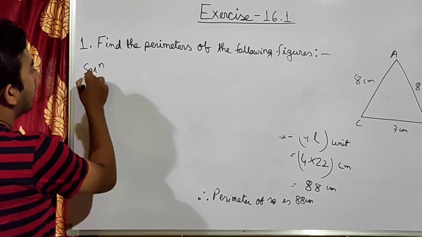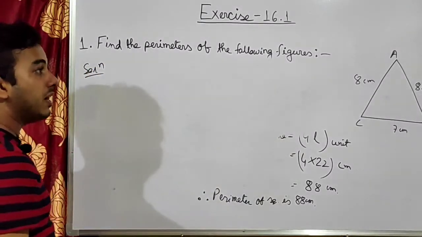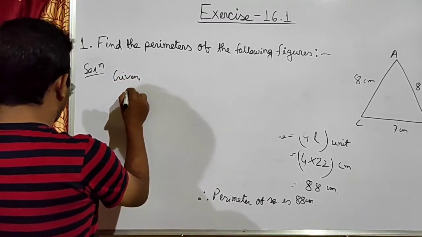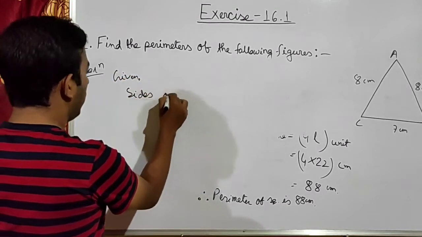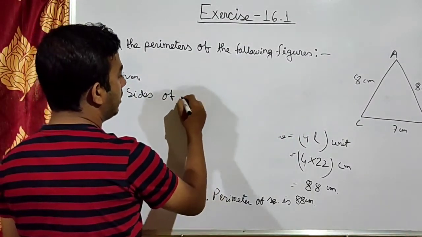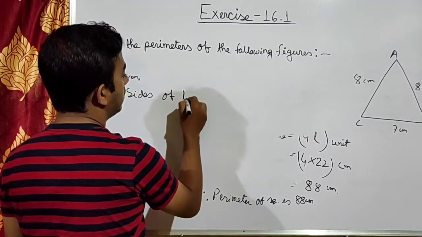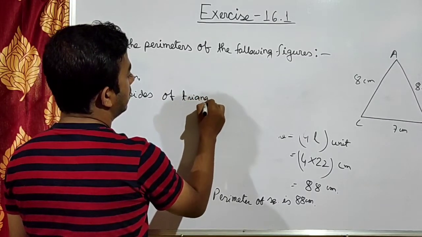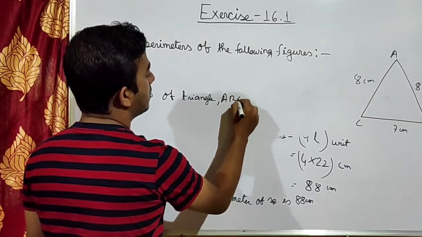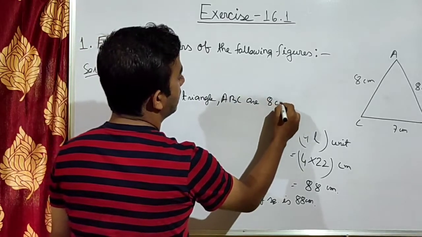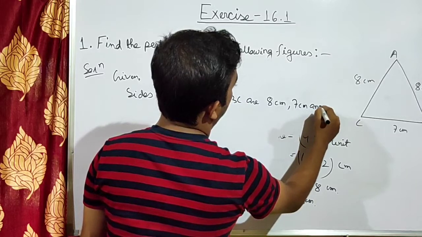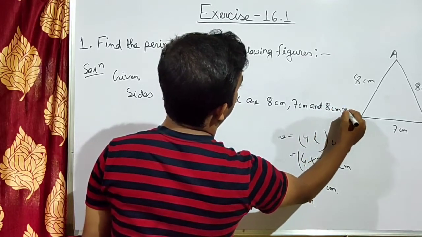Now we'll write the solution. Then we'll write the given sides: sides of triangle ABC are 8 centimeter, 7 centimeter and 8 centimeter respectively.